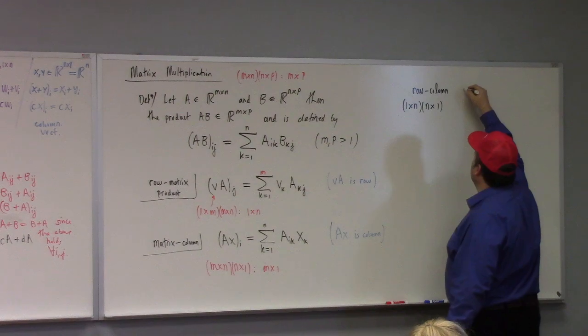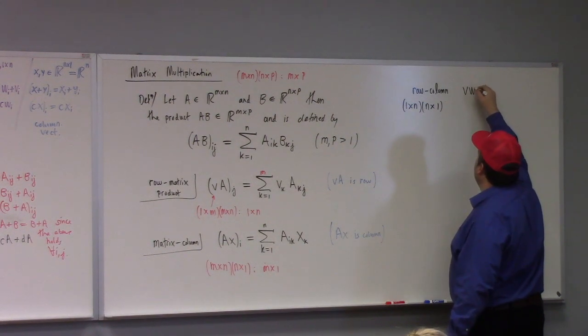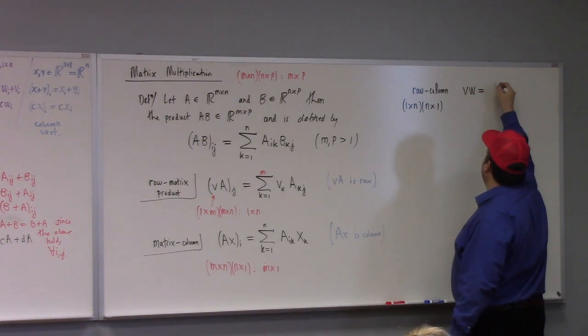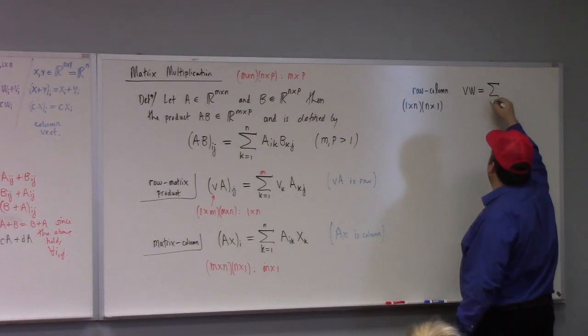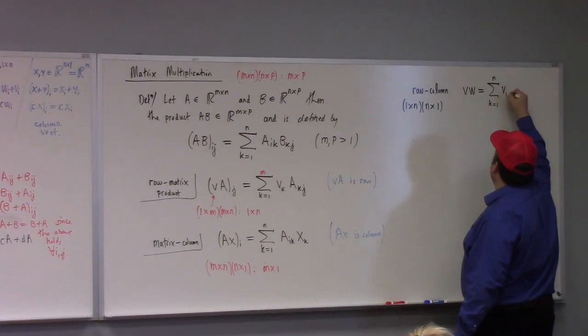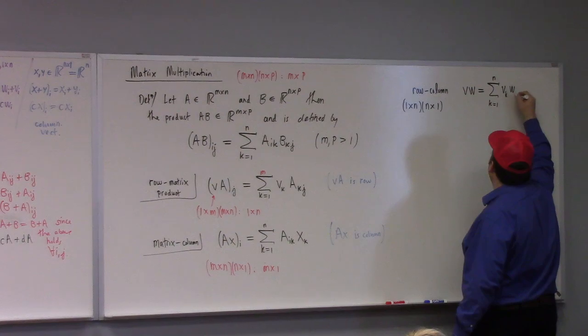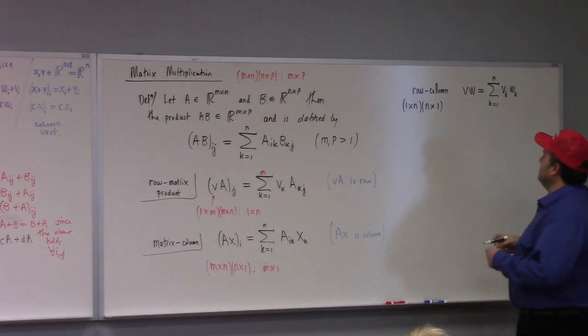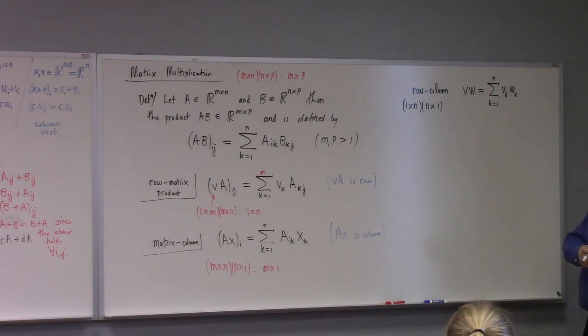So if I had V times W, what would that be equal to? The sum from k equals 1 to n of V_k W_k, right?